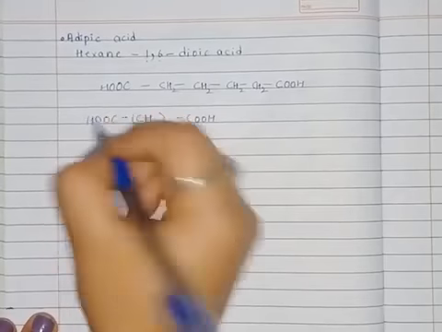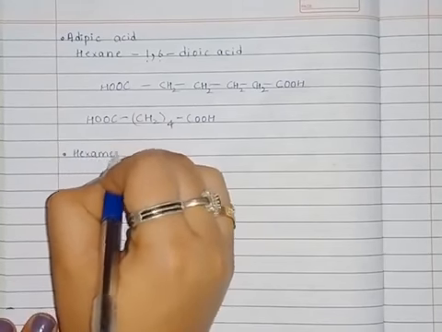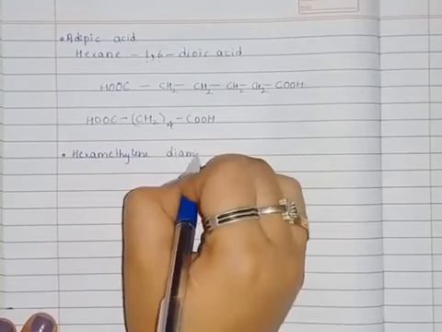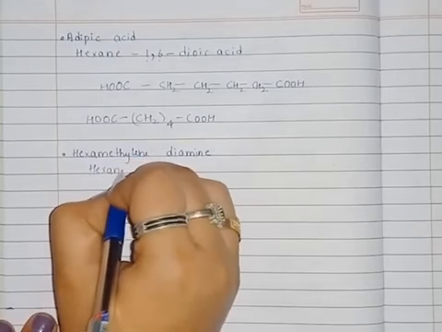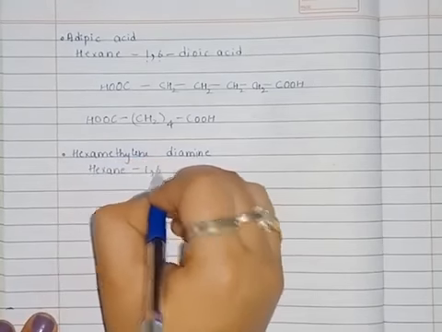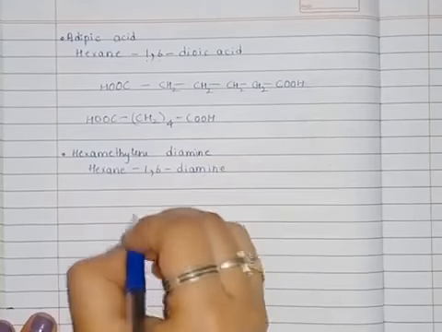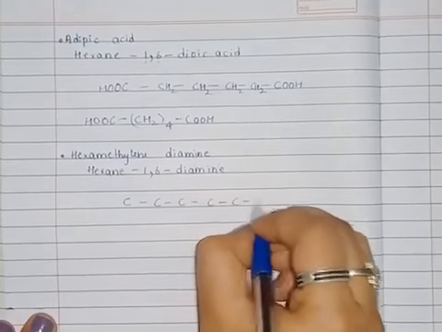Okay, and the next one is hexamethylene diamine. This hexamethylene diamine has another name, which is hexane 1,6 diamine. Okay, same. There are 6 carbons, 1, 2, 3, 4, 5, 6.